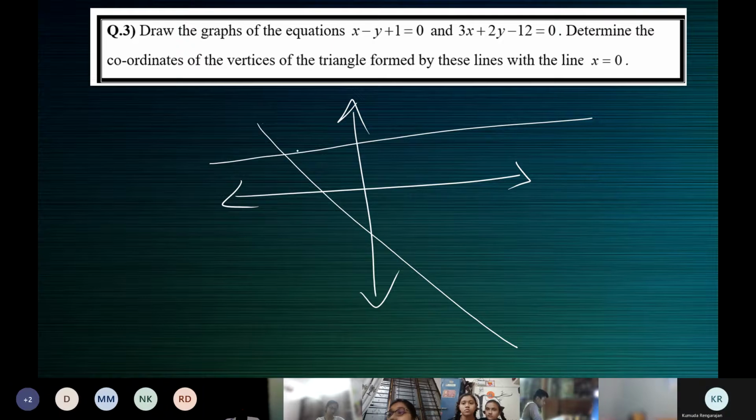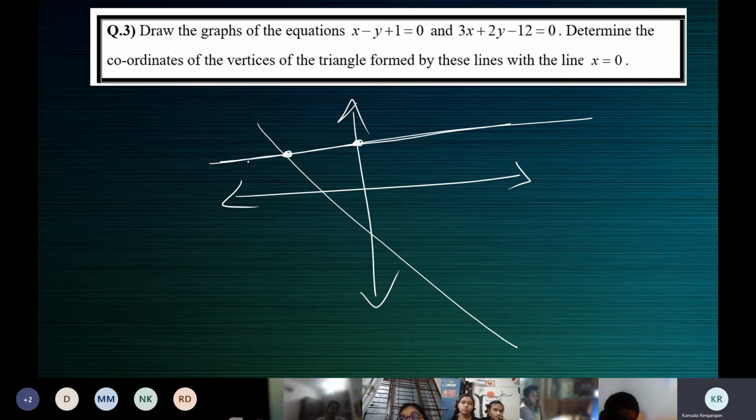Now, this is a piece of this line, a segment of this line. And this is the second line, a segment of the second line. And this is a segment of the y-axis.